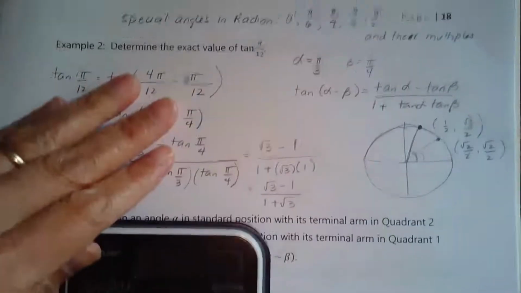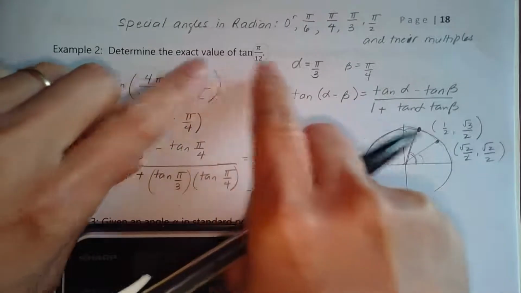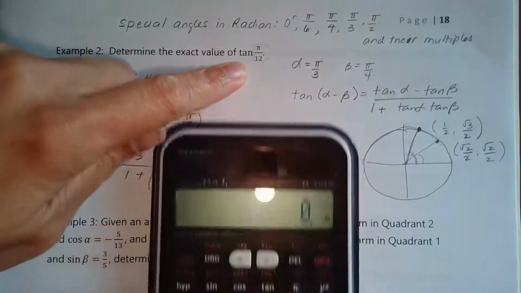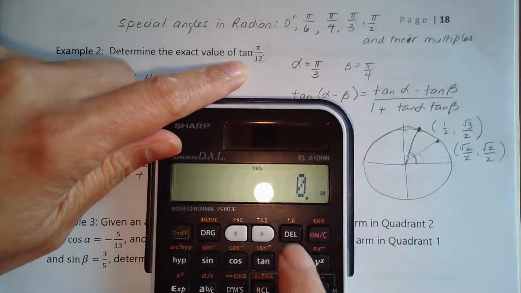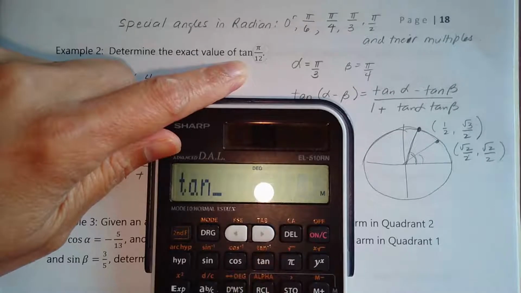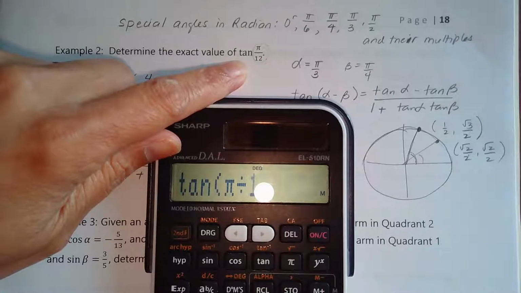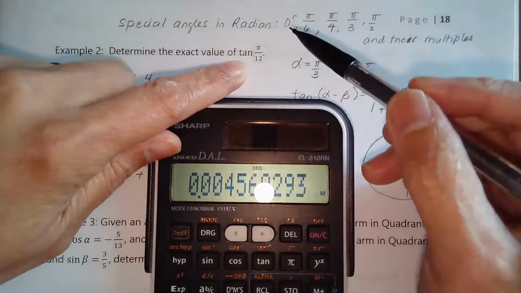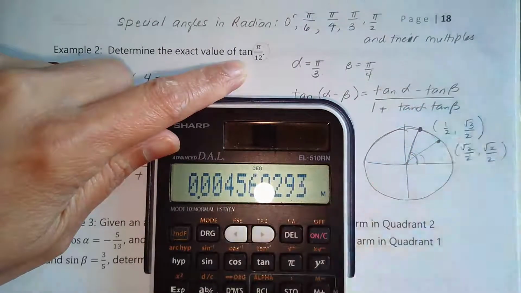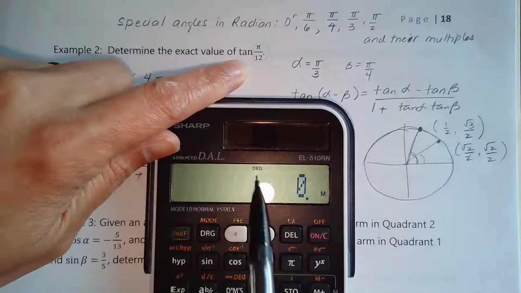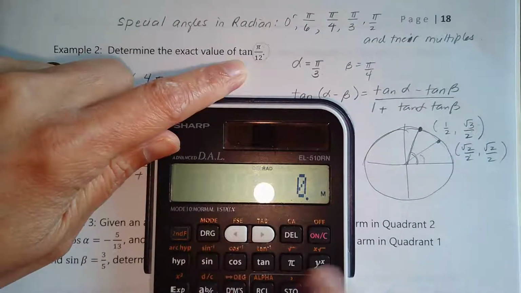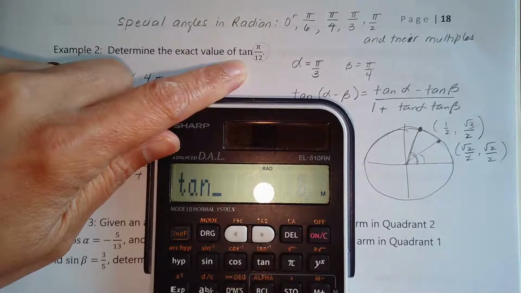I know they asked for the exact value, but I'm just going to type that in. I can go tan of pi by 12. Oh no, that's not right. I'm going to change it to radian mode. Okay, there you go. Tan of pi by 12.